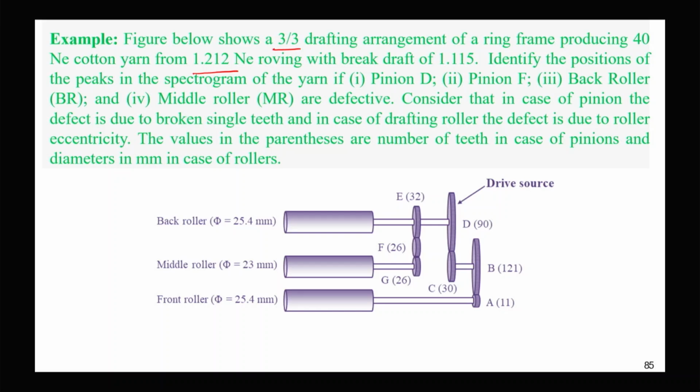So roving is fed here at the back with 1.212 Ne, and we are getting yarn of 40.